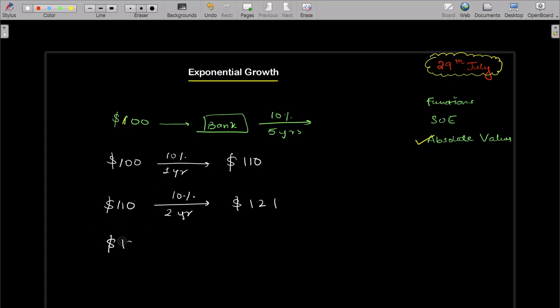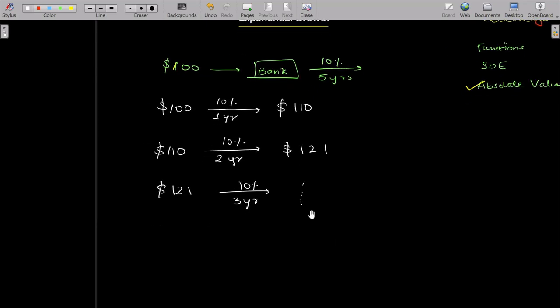Then you will get the interest on $121, again 10%. So at the end of third year, this will continue like this for 5 years. Then at the end of 5 years, the amount that you will have, that formula is given by, you keep continuing like this.